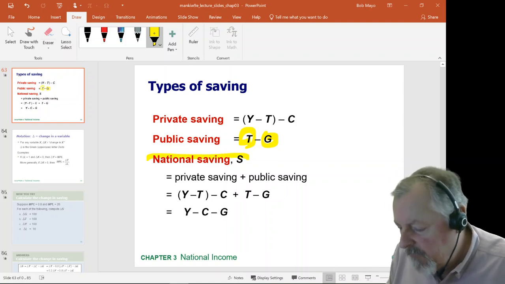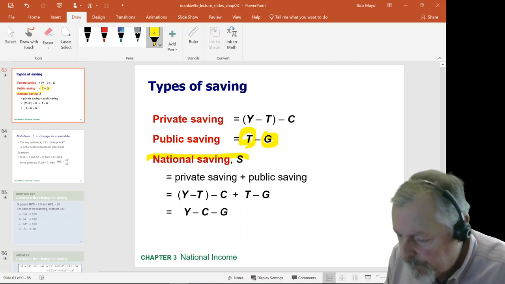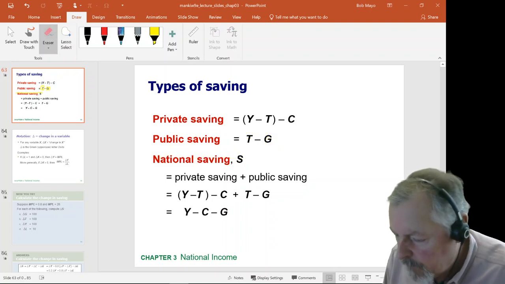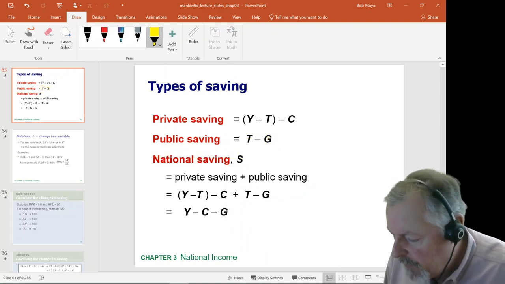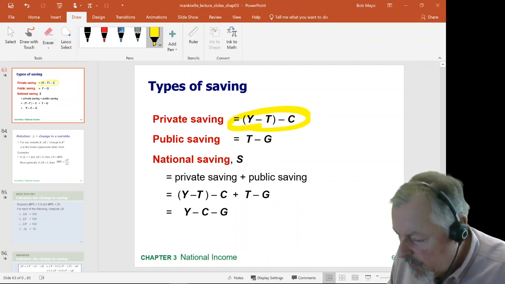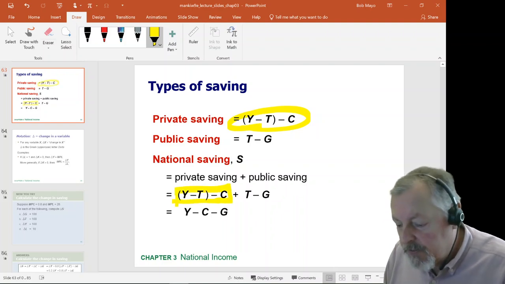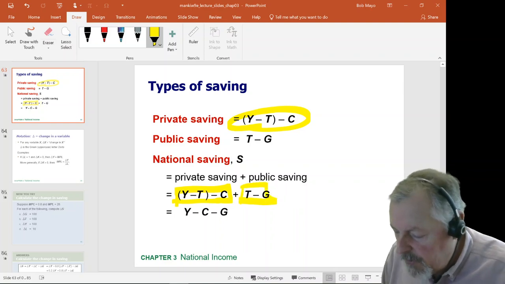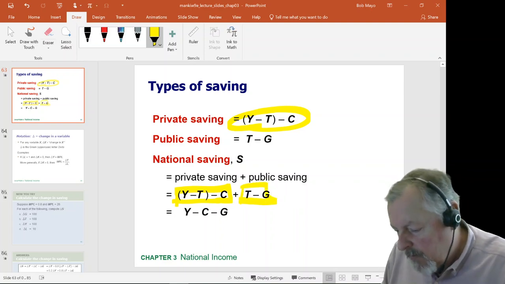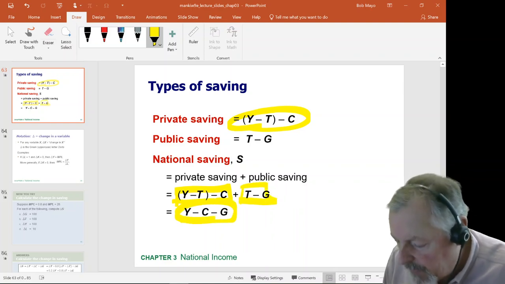Total national savings is this term, private savings, which is here, plus public savings, which is here. Cancel out, and you get that.